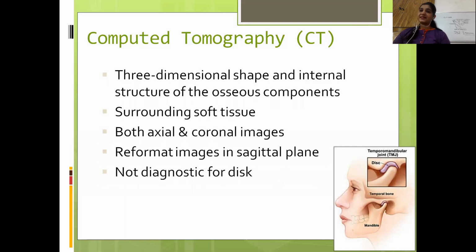Both axial and coronal images are taken into consideration, and we can view these images. Reformatted images in the sagittal plane are also available for diagnosis. So in this we can see all the bony structures of the TMJ, the articular eminence, the condylar head, and we can very well appreciate all the bony components of the TMJ joint.